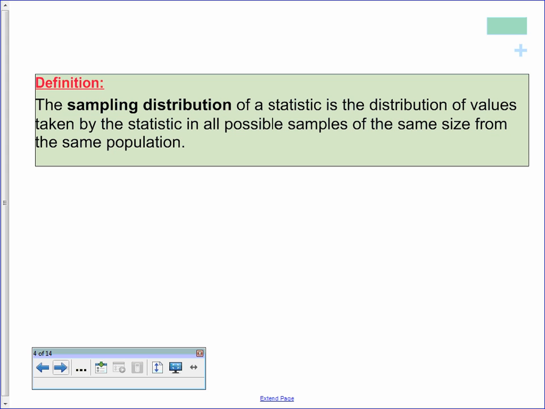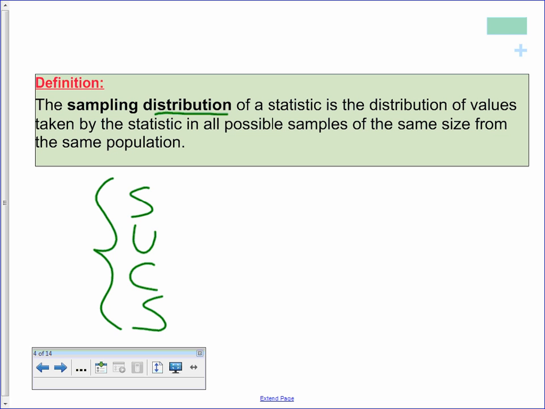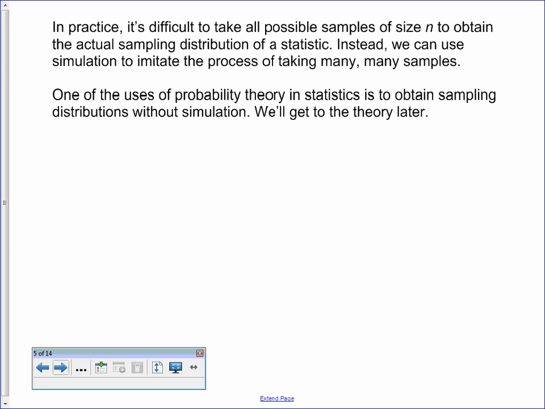But once again, we're talking about a distribution, so we're going to have to describe it. And to remind you, we're describing a hypothetical distribution because no one in their right mind is actually going to do this for every single possible combination. In practice, it's difficult to take all possible samples of size n to obtain the actual sampling distribution of the statistic.